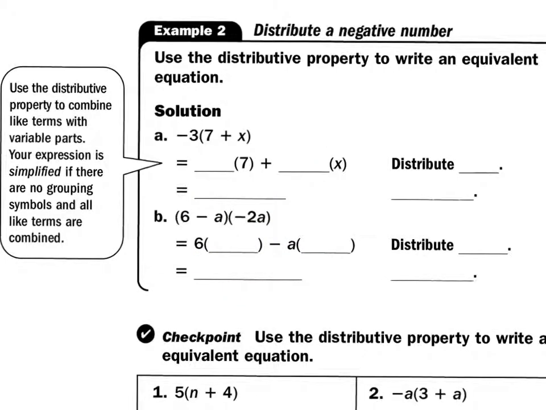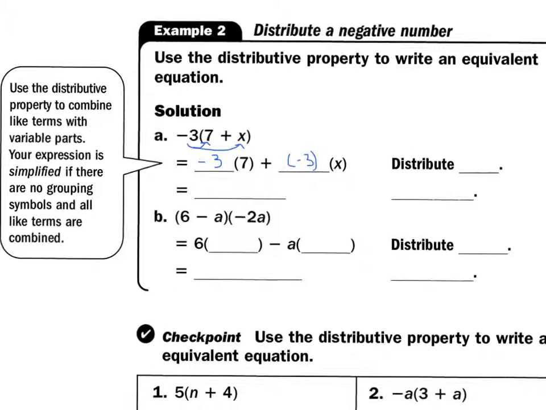In example 2, we're now going to look at what happens when you distribute a negative number. So the negative number is outside of the parentheses with the terms that are being added or subtracted. So I'm going to do negative 3 times 7 plus negative 3 times x.